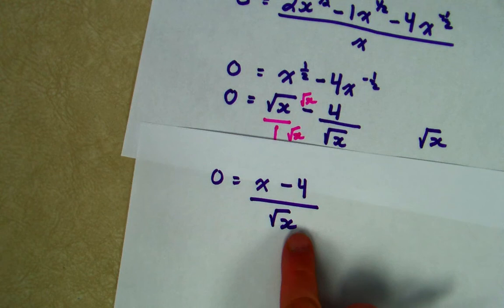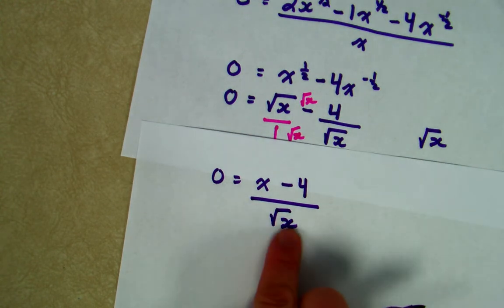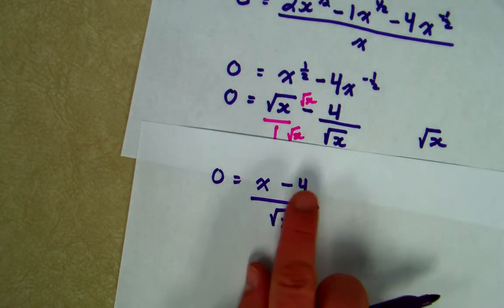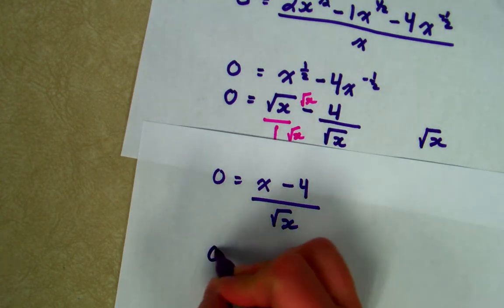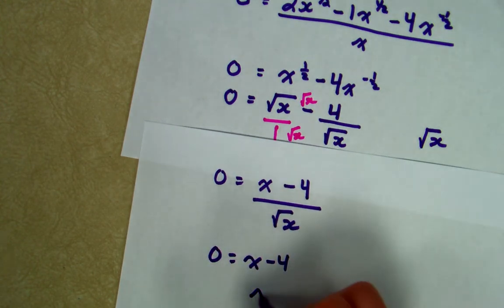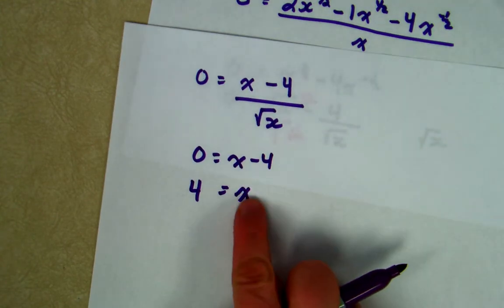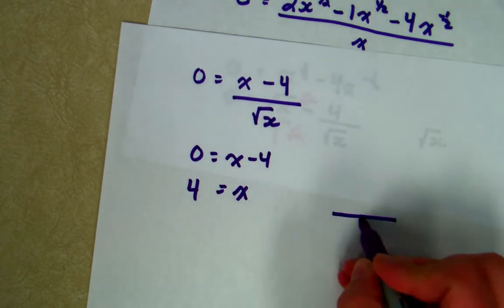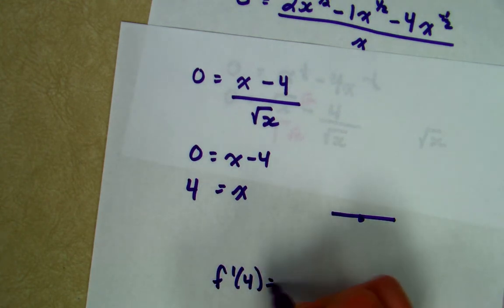And again, I can either think of taking this root x over to the other side and multiplying, 0 times root x is just 0, or I can say, if I have a fraction, it doesn't matter what the bottom is, I just want the top to be equal to 0. So x equals 4. That means at 4, we would have a horizontal tangent because f prime of 4 would equal 0.